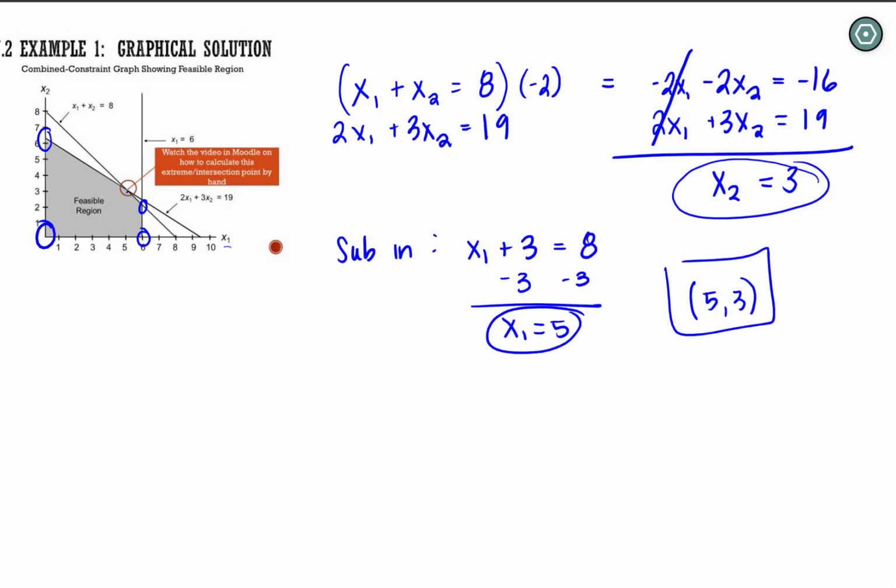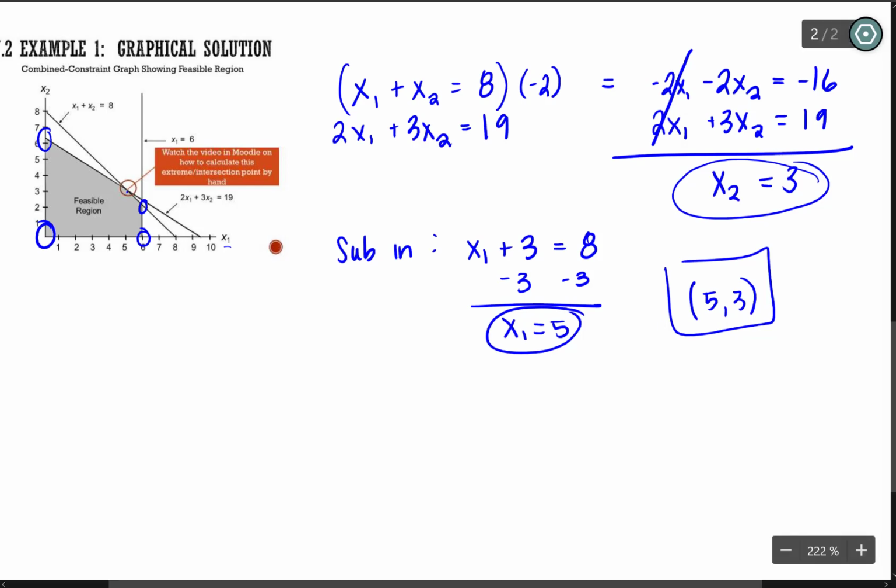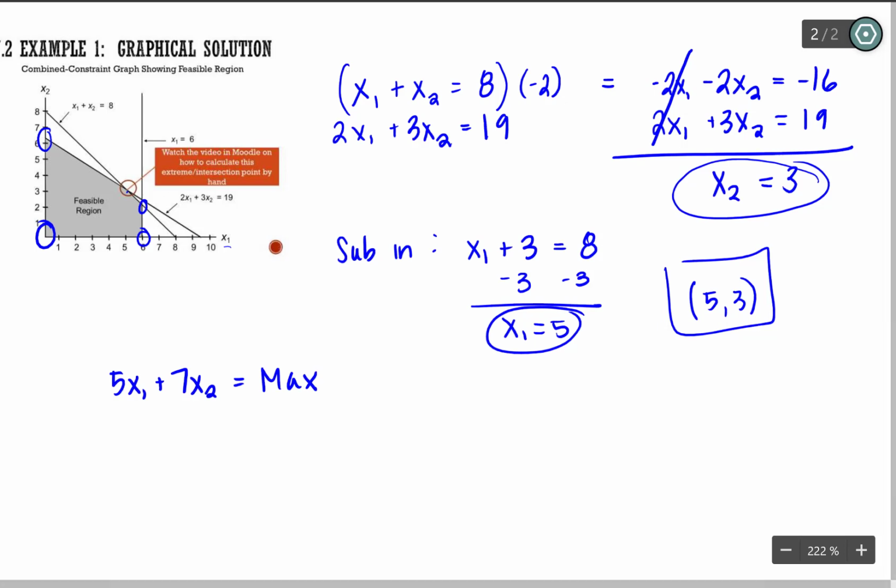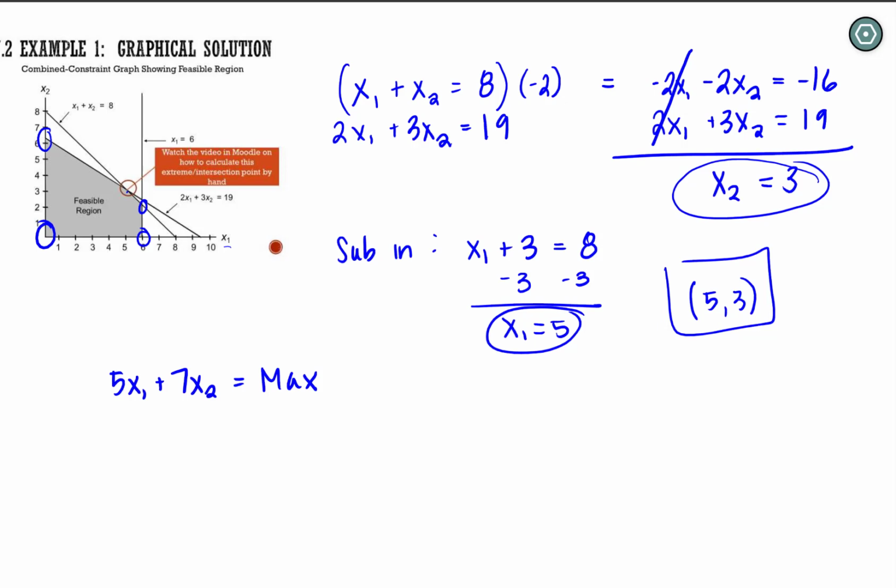So now how do I know if this is the optimal value? How do I know if this is the correct solution to maximize my profit? We started out with the objective function of 5x1 plus 7x2, and that's going to give us our values, and we will calculate the value for each of these extreme points that I've circled to figure out what is our actual maximum solution.